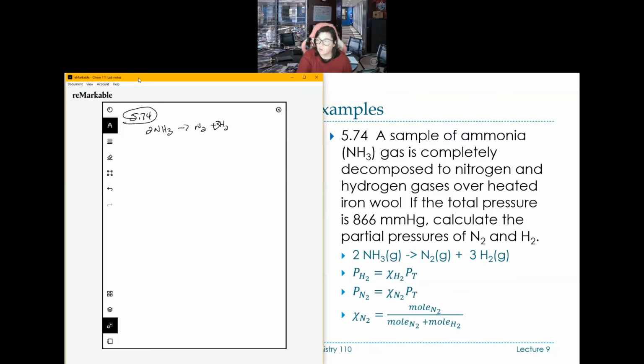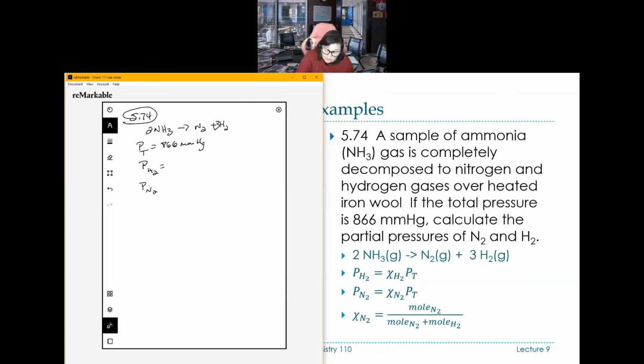And I know that the total pressure is 866 millimeters of Hg. Awesome. Calculate the partial pressure of N2 and H2. All right, so I want to know the pressure from H2 and the pressure from N2.